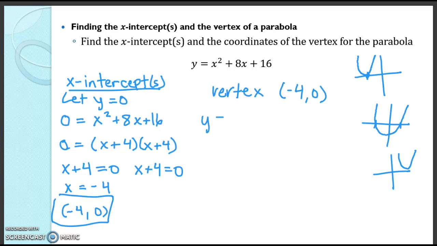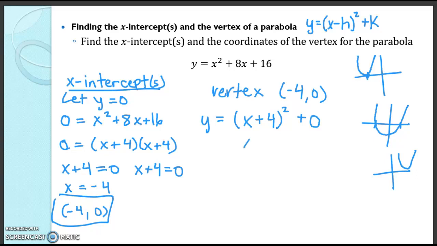Because the function factors nicely, we end up getting y equals x plus 4 all squared, plus 0. Think of it as having nothing on the end. Now if you remember, what is the vertex form of a parabola? y equals x minus h squared plus k, where (h, k) is our vertex.